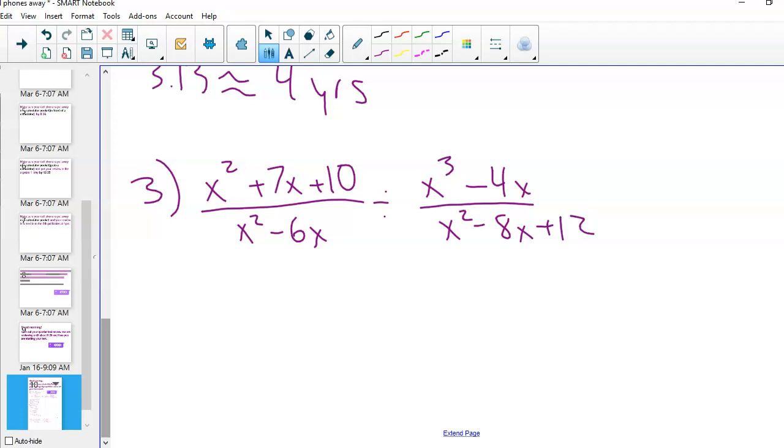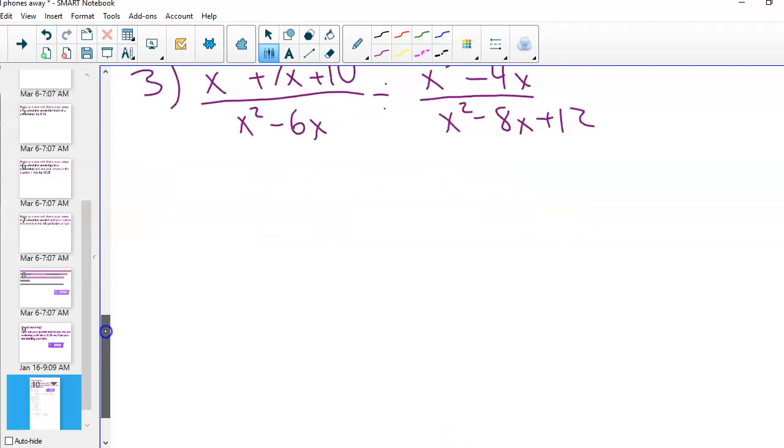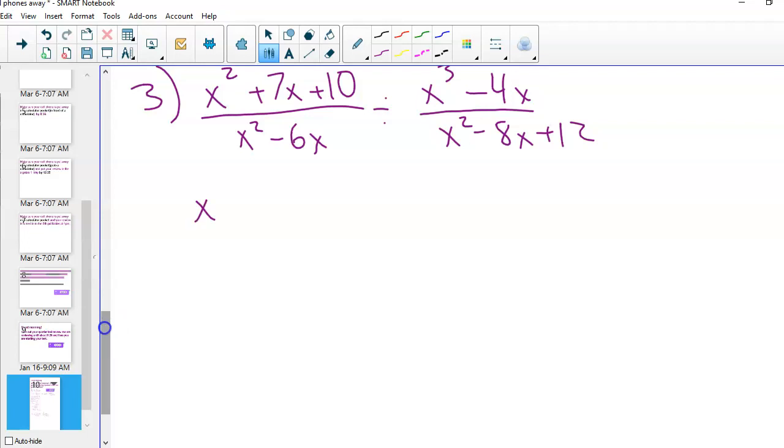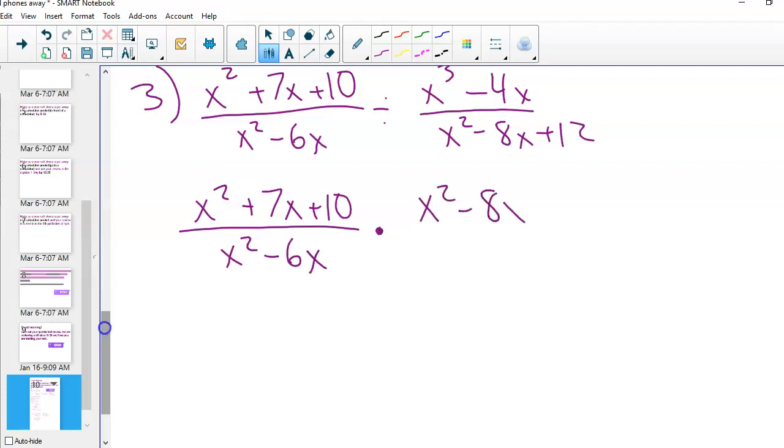In order to simplify this, because we are dividing a fraction, we need to multiply by the reciprocal of this fraction. You could have done this in the same step. I'm just going to rewrite it first. And then in order to cancel anything out, you need to factor each polynomial.